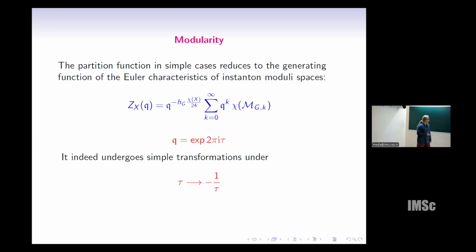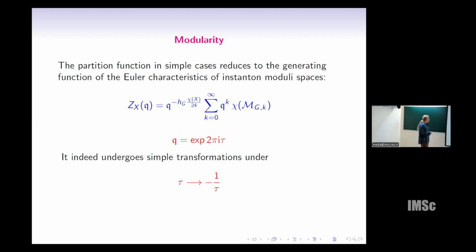So what Vafa and Witten showed, conjectured, this was a physics paper, was that on one hand, they argued that the partition function of N=4 super-Yang-Mills computes a generating function of the Euler characteristics of the moduli spaces of instantons on this four-manifold, which you studied in the theory.